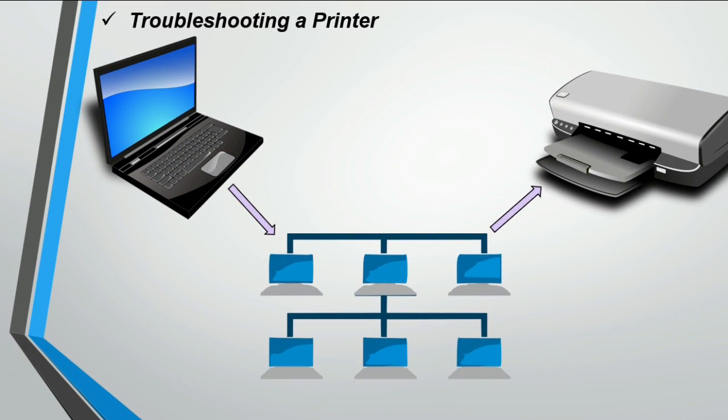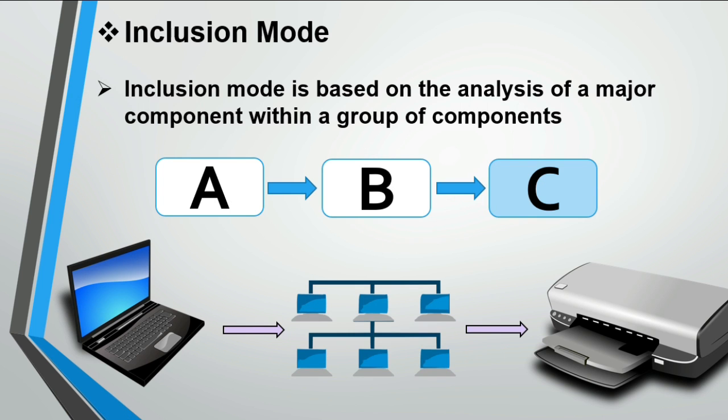Troubleshooting a printer. So, in this class, we're going to see how to troubleshoot a failed printer that is connected to a network. As you can see here, this is a printer and this is the network, and here we have the laptop. We can troubleshoot this printer using two modes, or two ways. We have the inclusion mode that we have seen before.